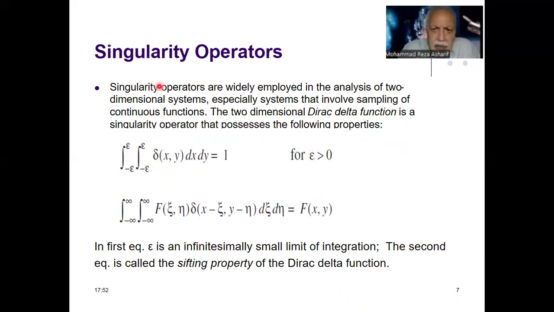The singularity operators are widely employed in analysis of two-dimensional systems, especially systems that involve sampling of continuous functions. The two-dimensional Dirac delta function is a singularity operator that possesses the following properties: the integral of delta(x,y) over a region of infinitesimal epsilon has energy one, and the second is the shift property of the Dirac delta.